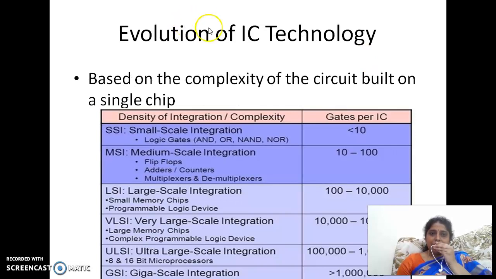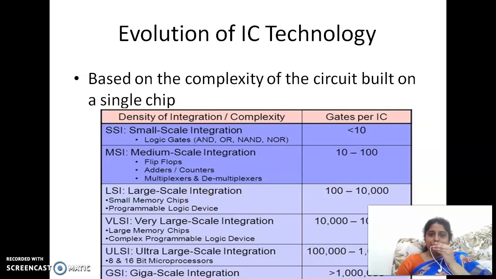If we see this table, small scale integration is less than 10 gates per chip, and examples are logic gates, AND gate, OR gate. Medium scale integration is flip-flops, basic combinational and sequential blocks, adders, multiplexers, demultiplexers. Coming to large scale integration, it is PLDs, programmable logic devices, and small memory chips.